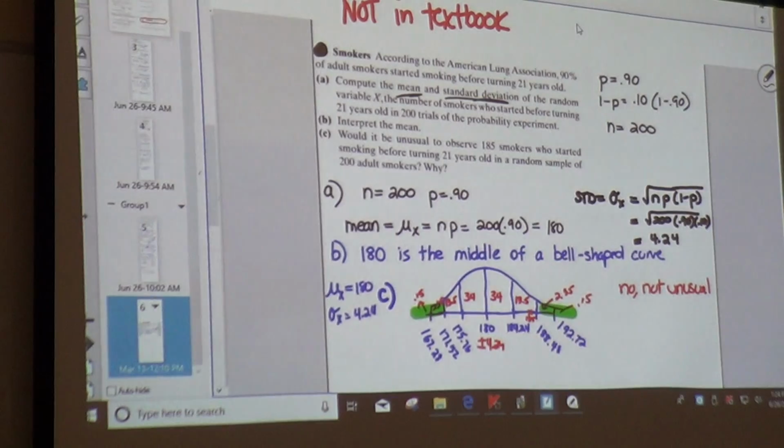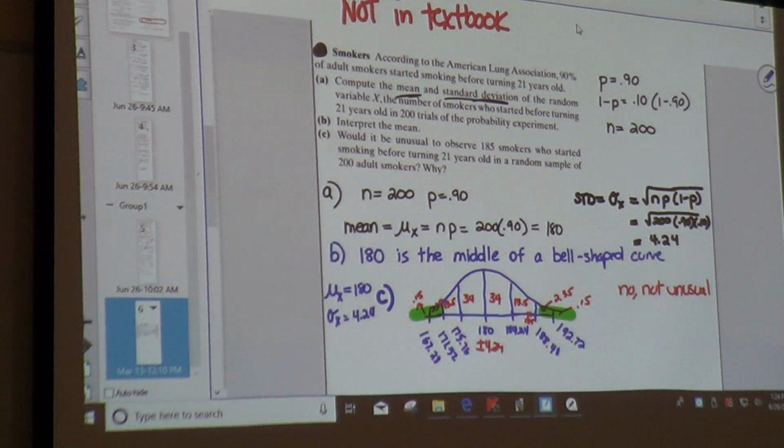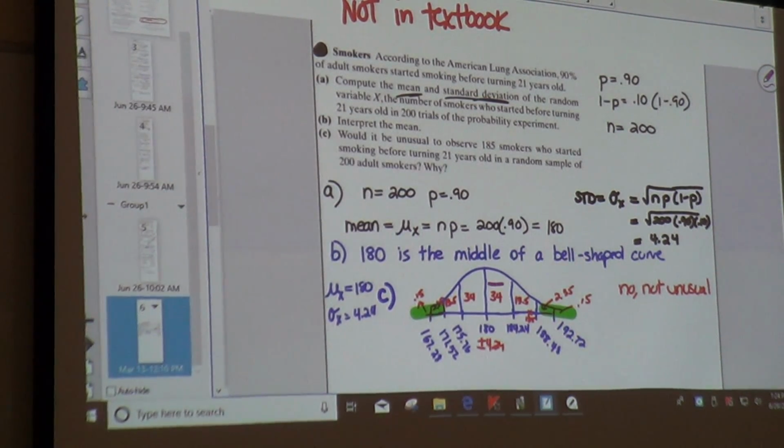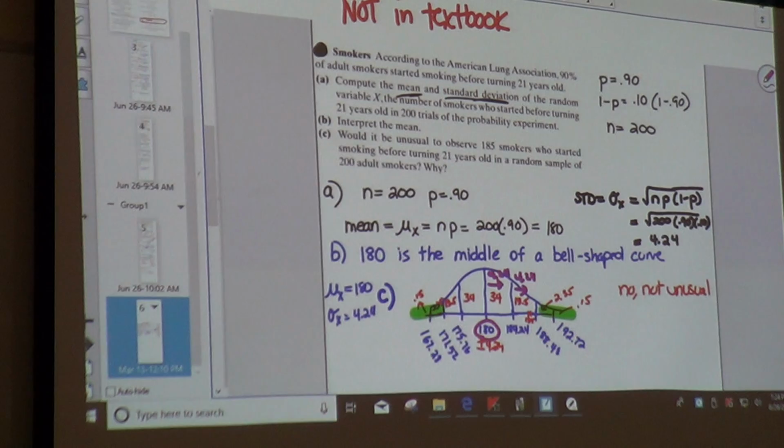So I jumped in increments of 4.24, and I jumped off of the mean. And right here is my 185, and because it's within 2 standard deviations, that's what's telling me it's normal. It's okay. It's not unusual. It's usual. Does that make sense?